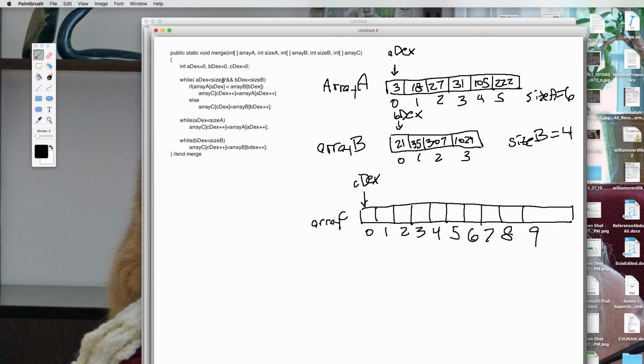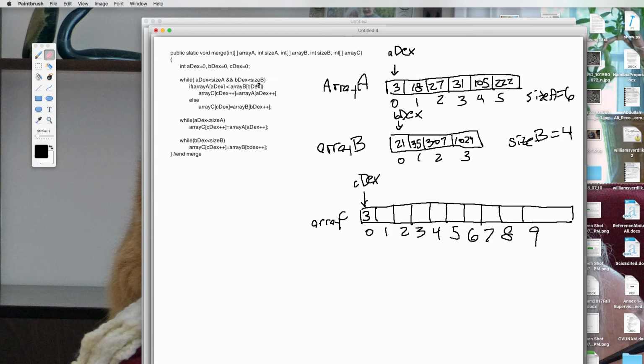If array A of A-dex is less than array B of B-dex, so I'm coming over here and comparing these two numbers. In this situation, we can see that the 3 is less than the 21. So what we're going to do is copy that into array C. So I'm going to come over here and copy a 3 over here. And here's the confusing part.